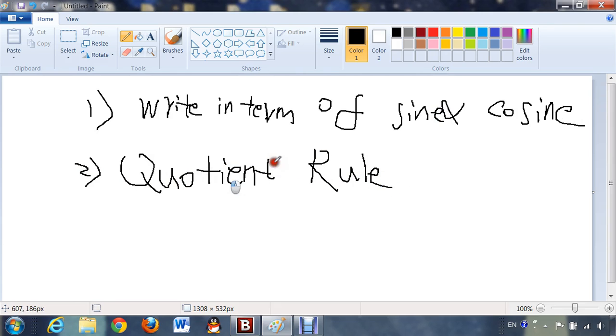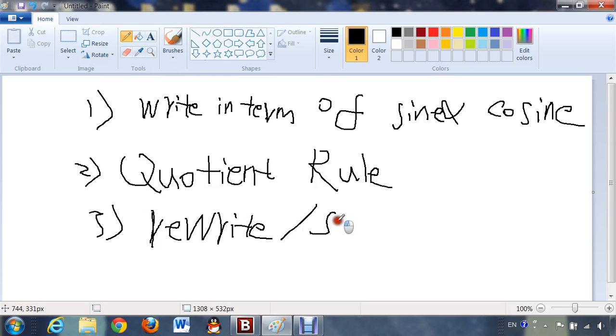And third one, we write it in simplified form, or some people call that simplify. Yep, so that's how you derive all the trig functions, or the derivative of the trig functions other than sine and cosine.